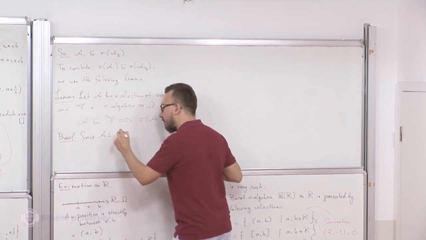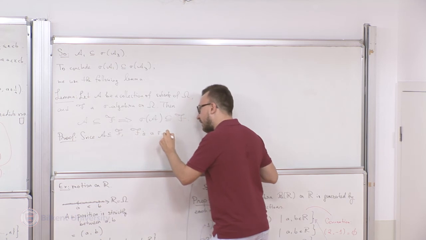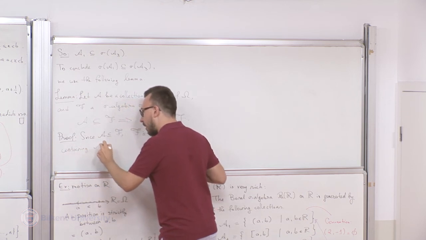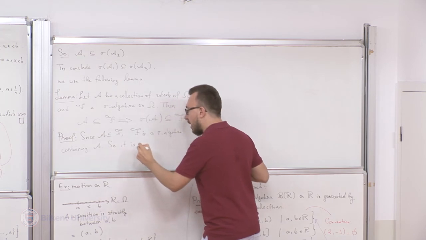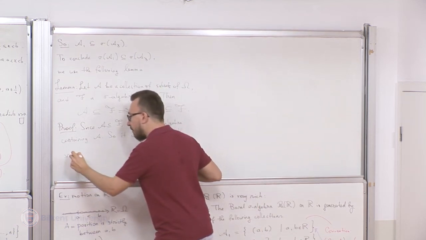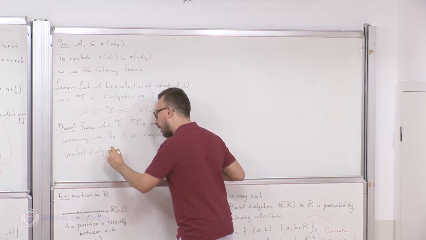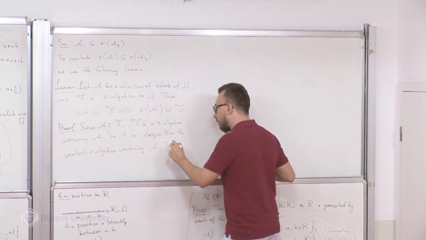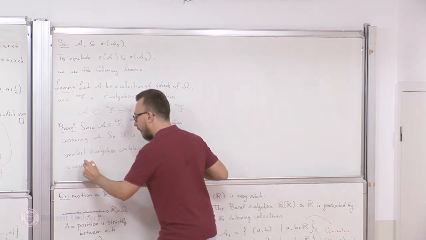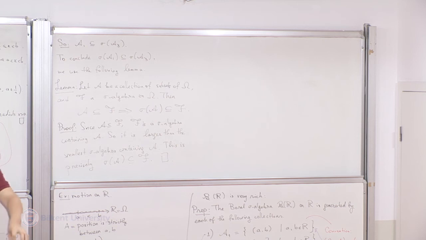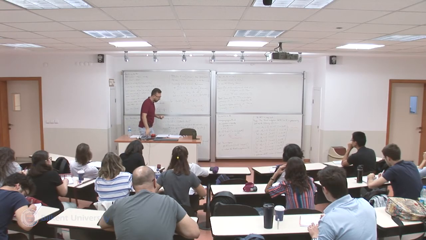Since A is a subset of F, F is a sigma algebra containing A. So it is larger than the smallest sigma algebra containing A. This is precisely sigma A is a subset of F. Okay?